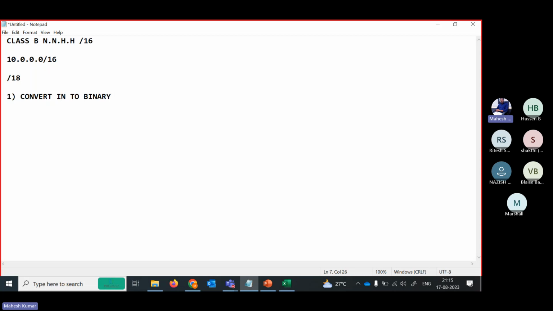The default subnet mask will be 255.255.0.0, right? So convert this network into binary.